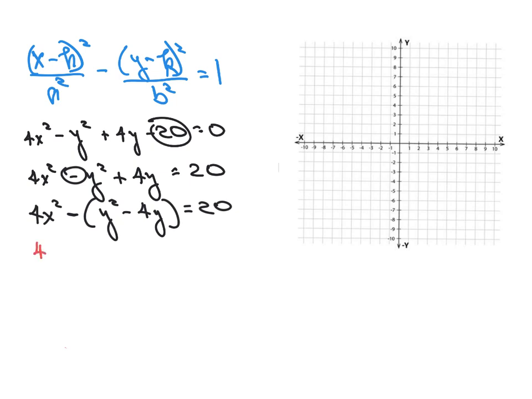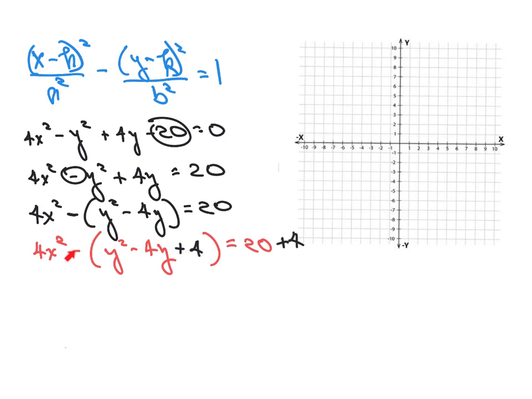So, okay. So what do I do? Half of this, square it to put that term in there. Let's put that in there in black. So I added 4 there, have to add 4 there. Except I didn't add 4 there.